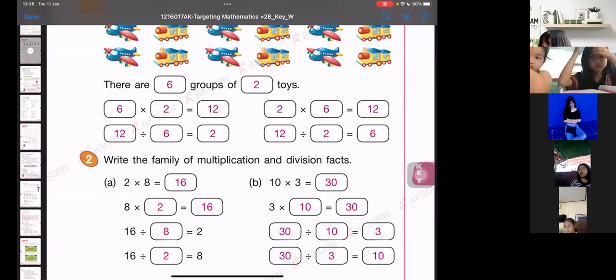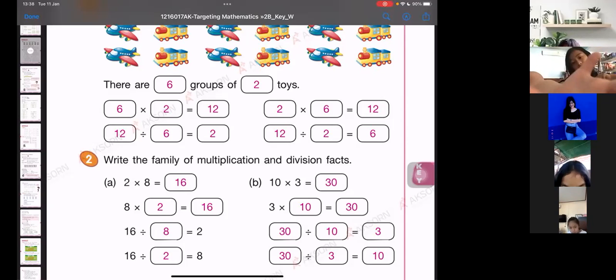So letter C and letter D is also the same with letter A and letter B. You're just going to put the missing numbers. So 7 times 10 is how many? 70.